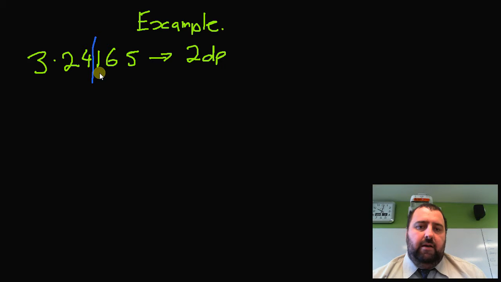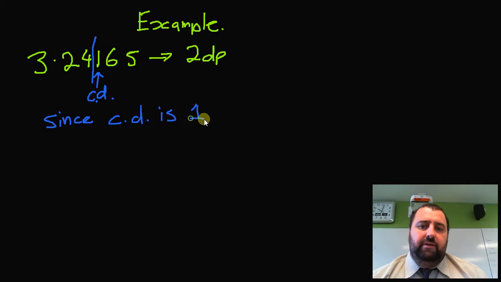All right, that means that the first number to be eliminated, the 1, is our critical digit. I'm going to abbreviate that to CD. All right, so since our critical digit, or CD, is 1, we don't round up.